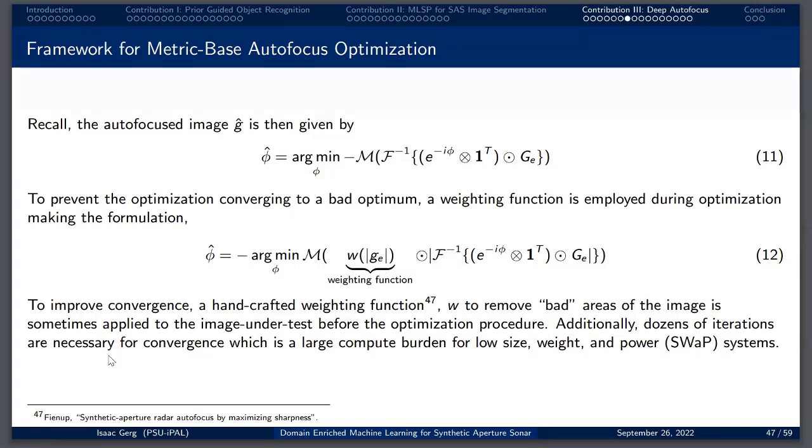So designer, heuristic, ad hoc weighting functions are applied to the input data to say, listen, this area looks too fuzzy, I'm going to bleed it out, I don't want to look at it. In other areas that might have a point scatter, which would be nice to focus on, I'm going to boost those areas up. So to improve convergence, folks add this weighting function here.